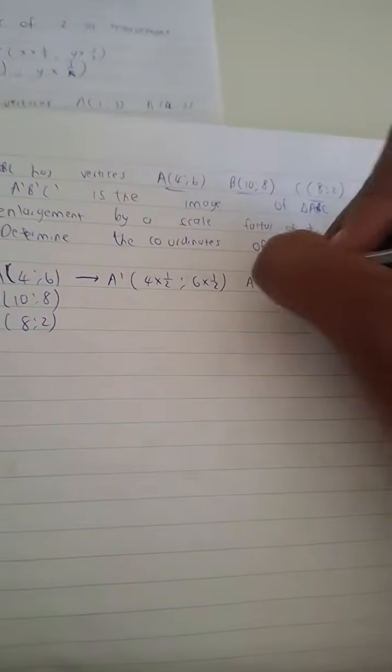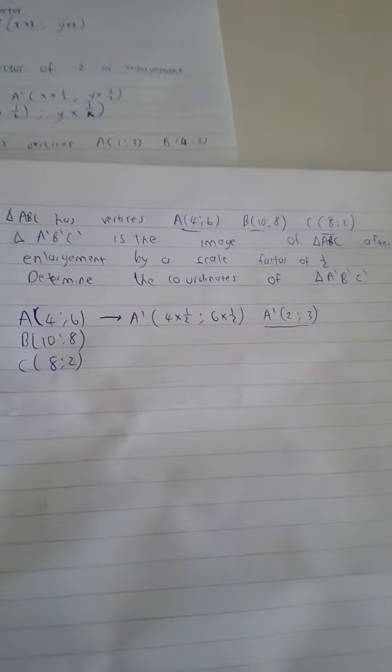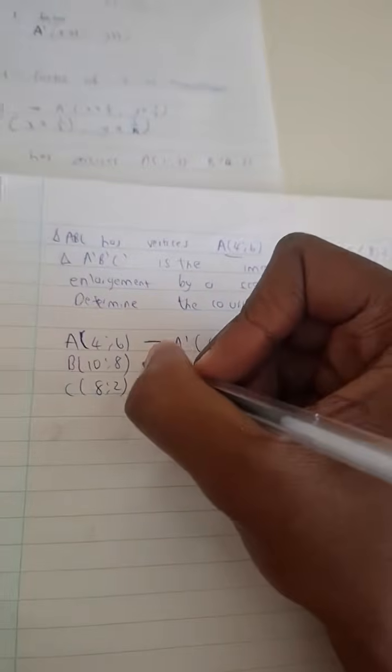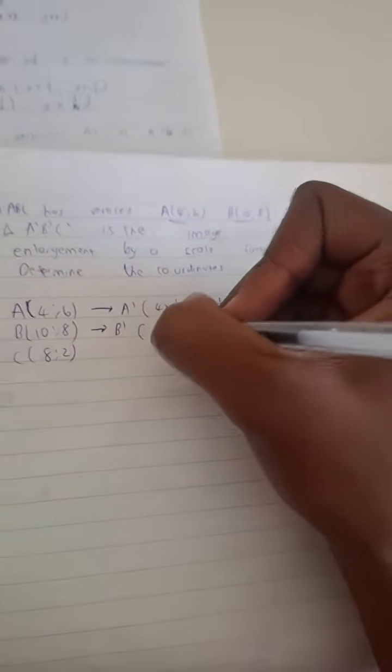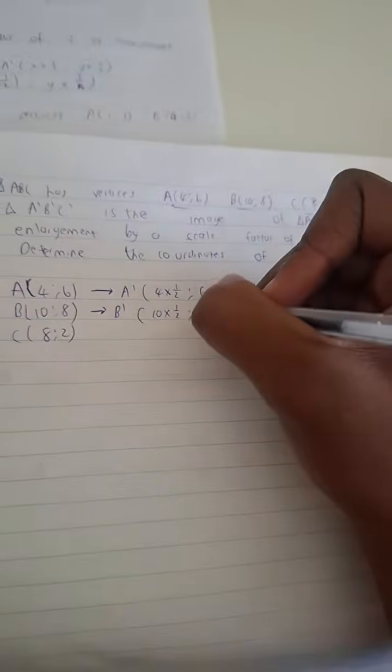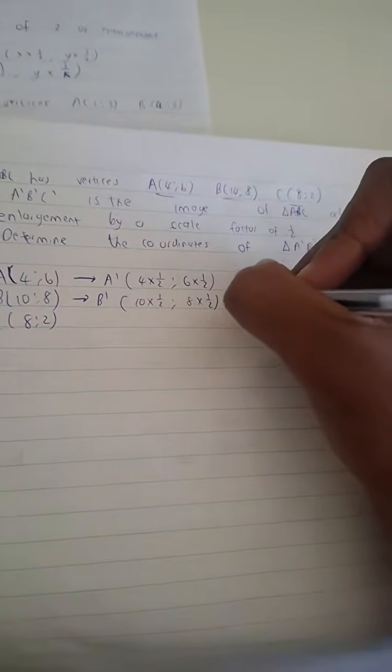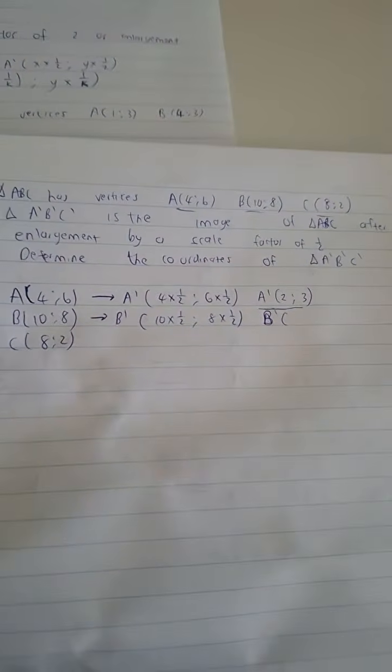Then the image is going to be, the half of 4 is 2, the half of 6 is 3. There it is. 10 and 8, the image of B: 10 times half, 8 times half. We get the image of B. What's the half of 10? Very good, Super Not Angel, 5 and 4.